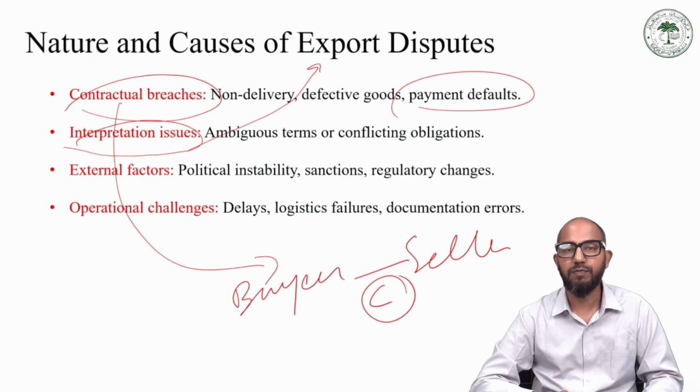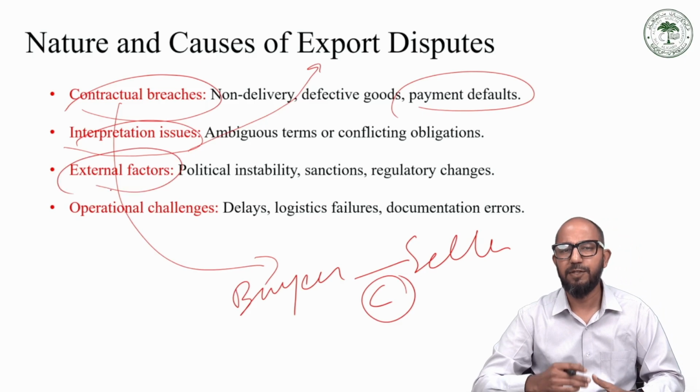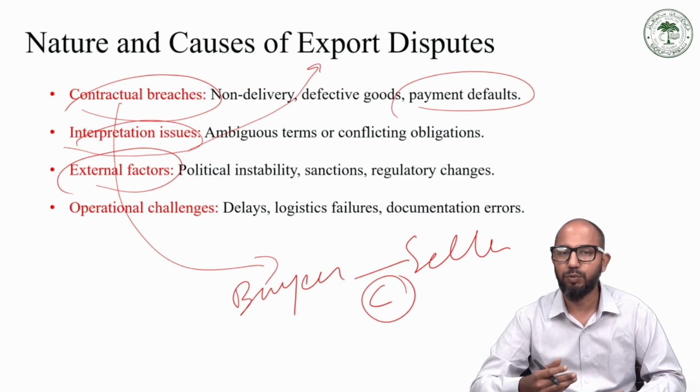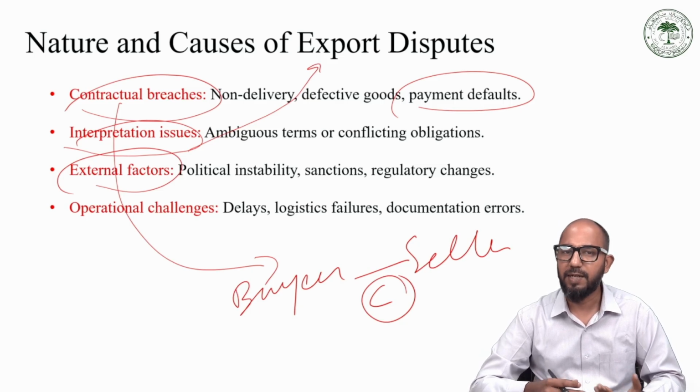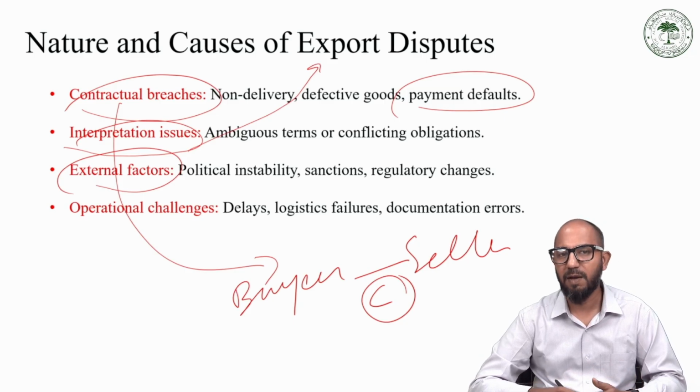The third cause for disputes may be certain external factors. For example, geopolitical factors between two countries. There may be some tussle between the political powers of two countries, and because of that tussle, this particular effect may spill over on the companies and exporters as well. We can take the example of the Russia Ukraine war. Because of that, the Ukrainian firms are not able to export to the Russian Federation directly.